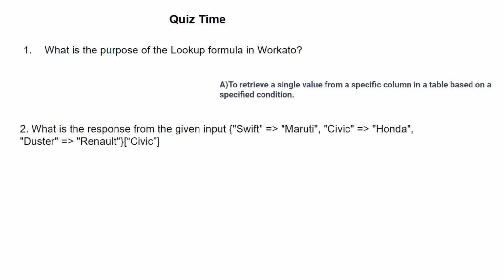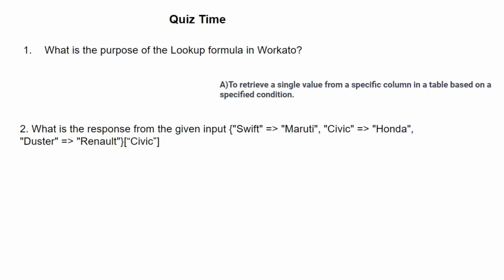The second question is related to a lookup table where we use static key value pairs. So what is the response from the given input? Say we use Swift, Civic, and Duster as keys. The corresponding values are Maruti, Honda, and Renault.